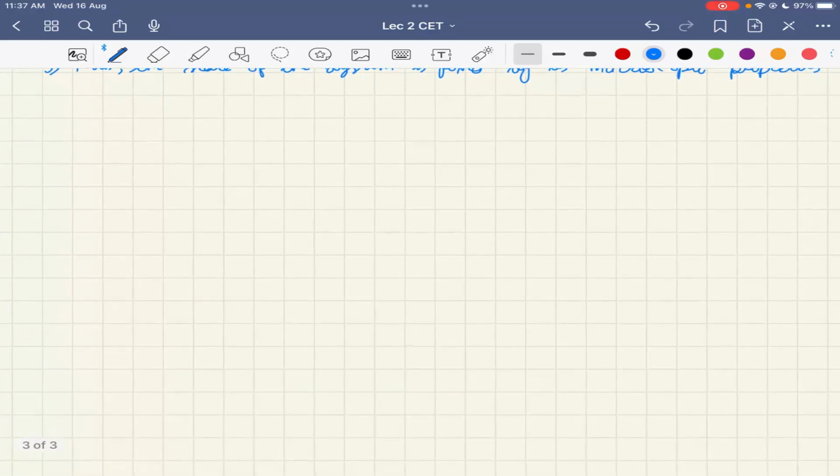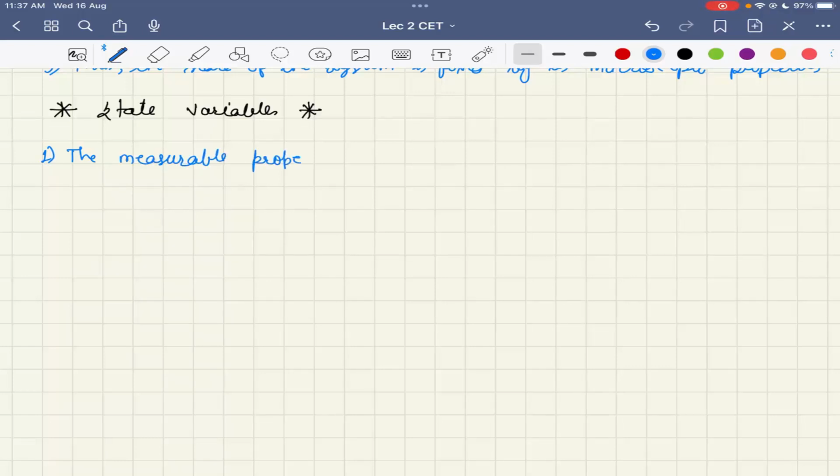So now the next part which we are going to study is state variables and path functions or path variables. The measurable properties required to describe the state of the system are called state variables.